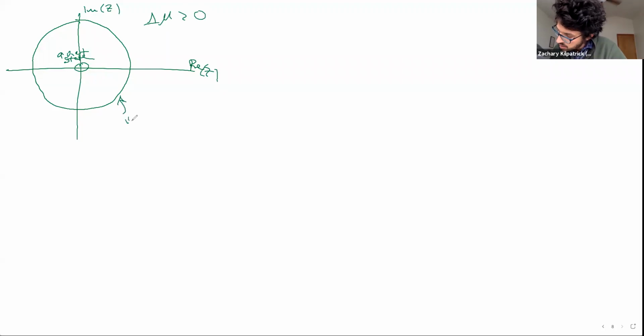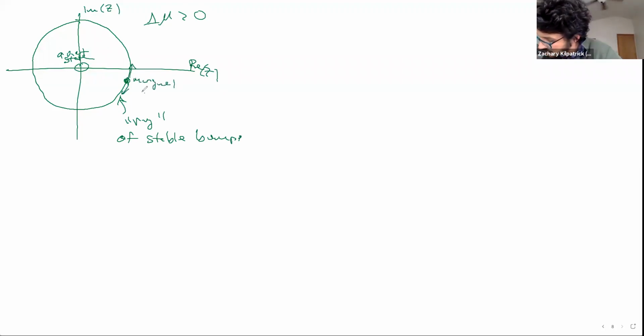This is our ring of stable bumps, okay? And basically, if I pick a bump along here, if I perturb it this direction, I have marginal stability, which means I can shift that bump around anywhere I like. If I perturb off in this direction, it's stable, basically to making the bump smaller or bigger in this direction, okay?